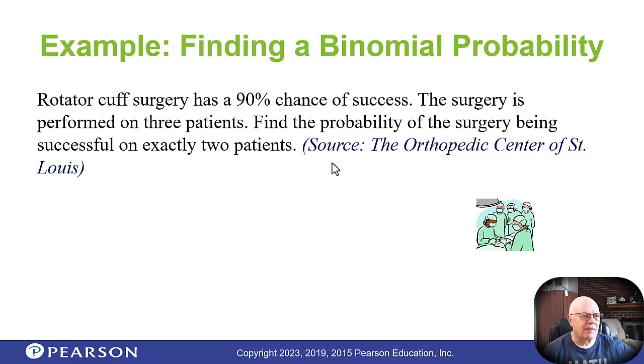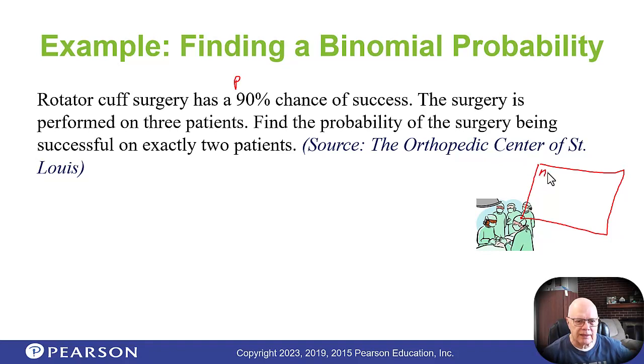All right, let's give this a try. We've got rotator cuff surgery, has 90% chance of success. So the way I would do it is I'd make a little box for myself and put these things in.